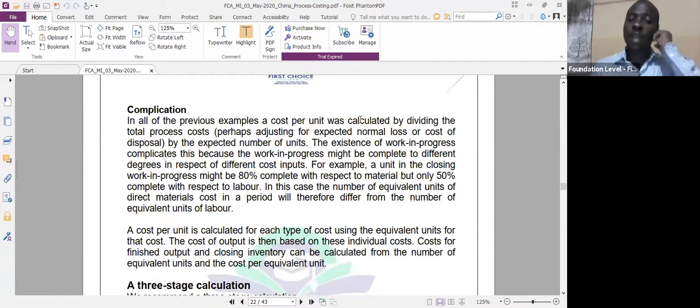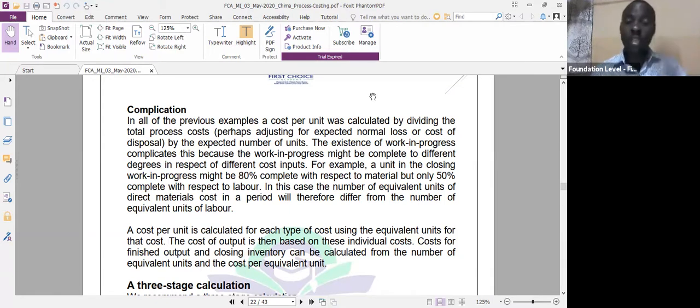All right, let's look at a complication here. In all the previous examples, a cost per unit was calculated by dividing the total process costs, which includes the adjusting for expected normal loss or cost of disposal, by the expected number of units.